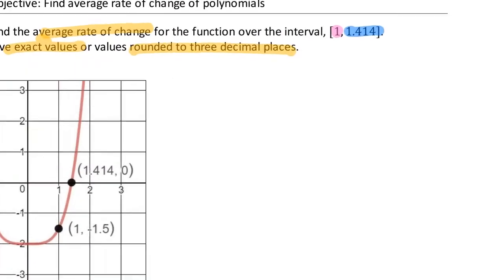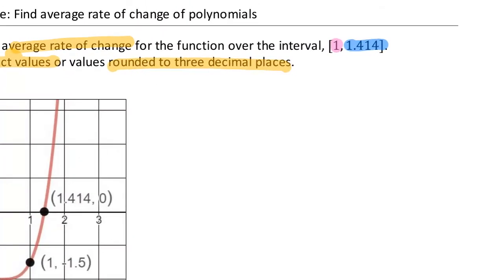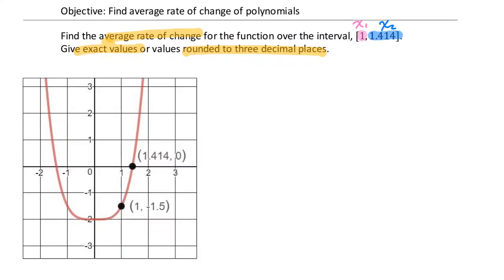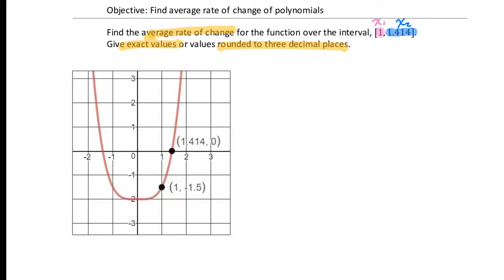So looking at my interval, the first value that I have is my x1, and then the second value is our x2. So when I look on the graph, I'm looking for those two x values, which are given to you. But if you remember, a coordinate point has an x first, then the y. It's x comma y. So you look at whatever number's in the first part of the coordinate.